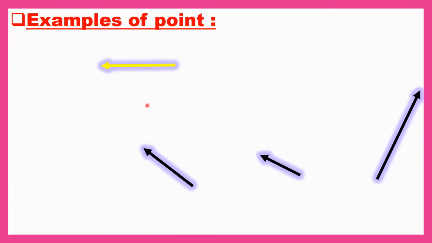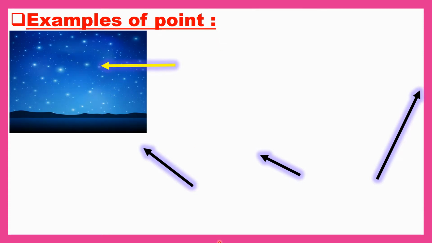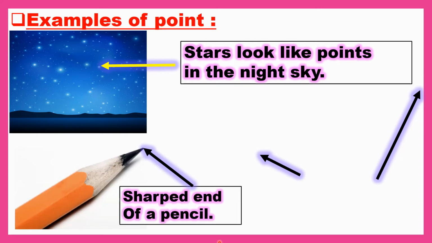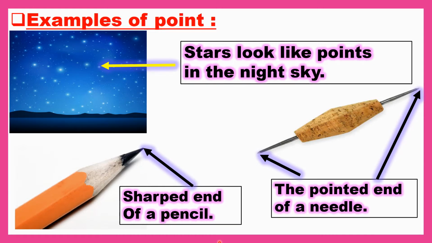Few examples of points are: stars look like points in the night sky. Sharpened end of a pencil is a point. The pointed end of a needle is a point. And full stop also is a point.